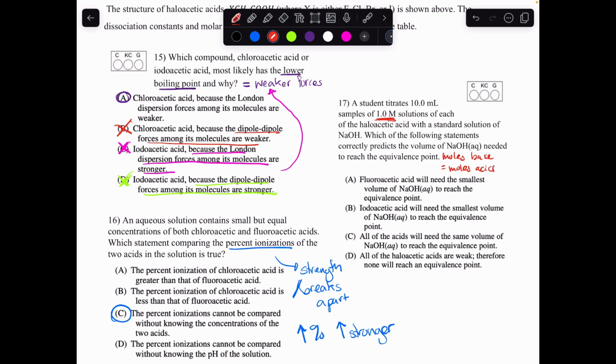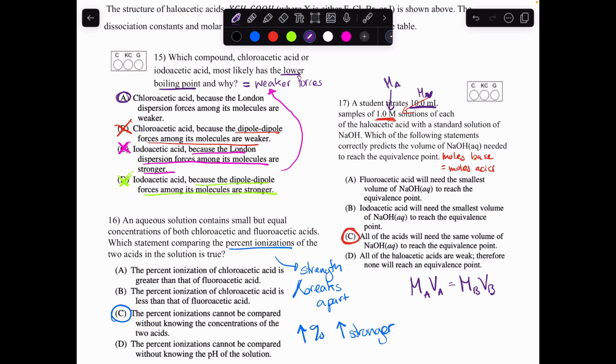And so since you're using the same concentrations for all of them, they will take the same volume to get there. If it helps you to see it mathematically, our equation for equivalence point is M of B, V of B equals M of A, V of A. So for all the acids, those are the same.